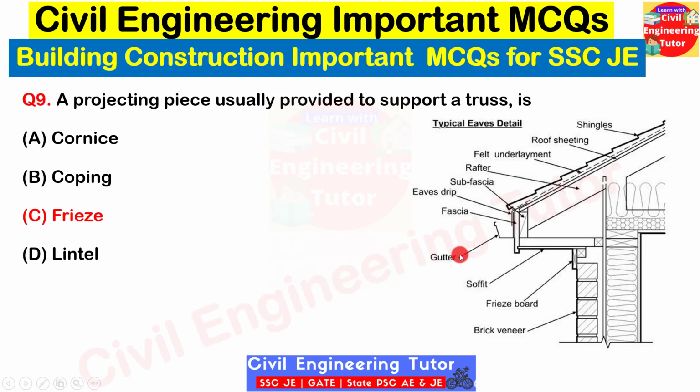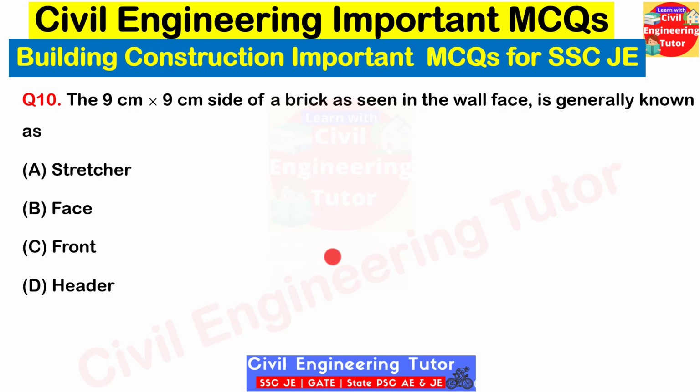This is the extra projecting part, known as frieze board. All the different components like shingles are generally asked about, where shingles may seem related to brick masonry or something, but the correct answer is that shingles are related to roof truss or roof covering. So you can pause this video and check all other components.